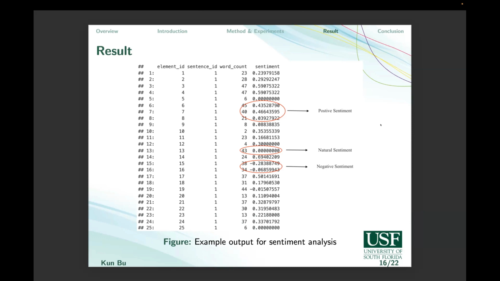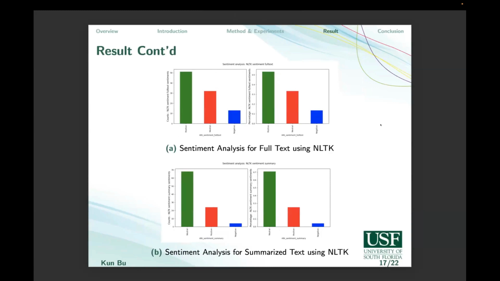Once we have those sets, we visualize them using two different natural language processing toolkits. One is the traditional NLTK, a very traditional package from Python, and the other is called transformer.